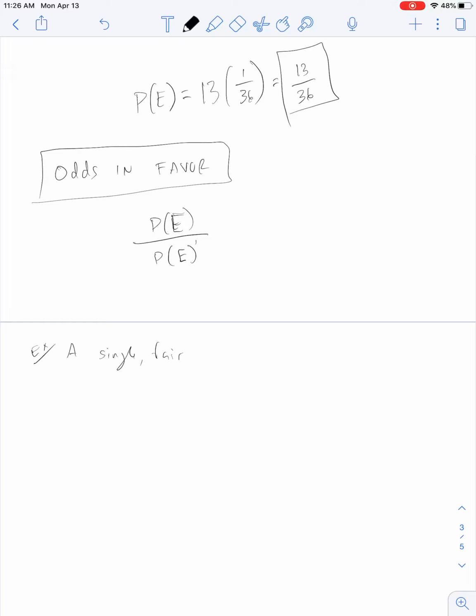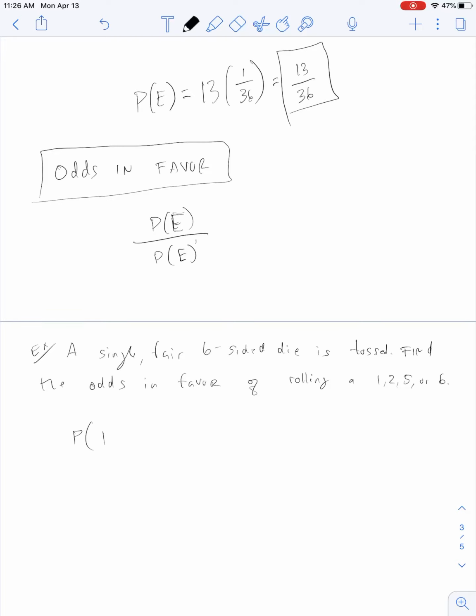All right, so let's take a look. We have a single fair 6-sided die that is tossed. Find the odds in favor of rolling a 1, 2, 5, or a 6.